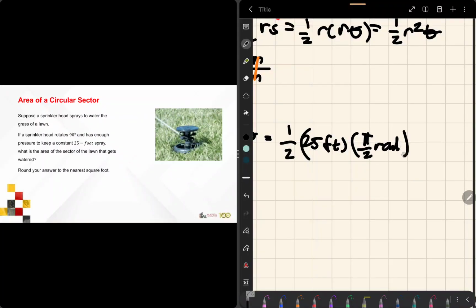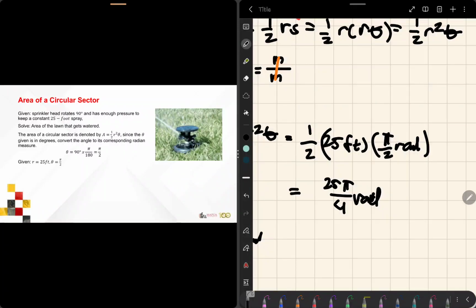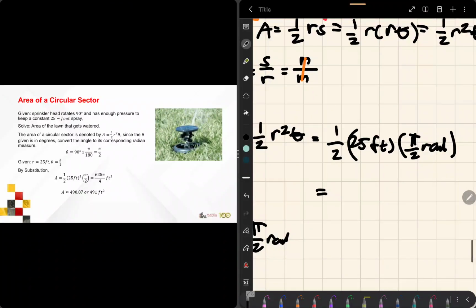Sorry, this should be squared, since our formula is 1/2 R squared theta.